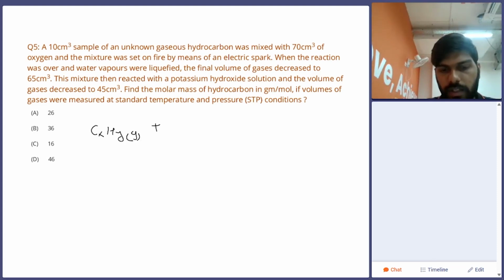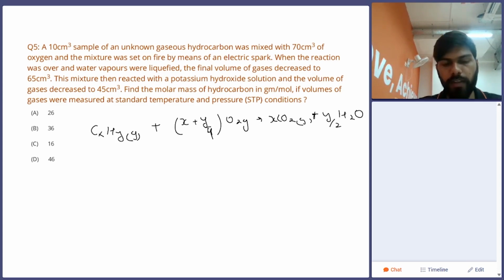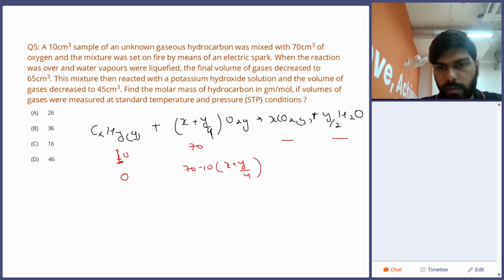CxHy in gaseous condition plus (x + y/4) O2 in gaseous condition gives x moles of carbon dioxide plus y/2 H2O. Okay. Now initially we have 10 here. If I take, this is 70. Okay, so after consuming, 0, and this is 70 minus 10(x + y/4).